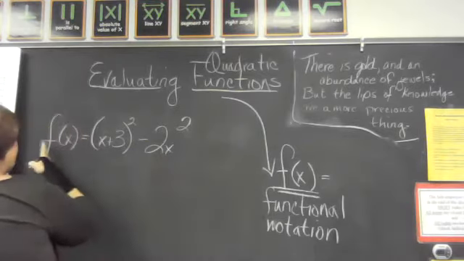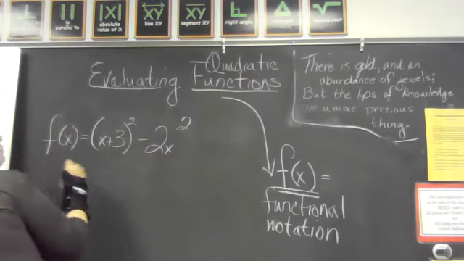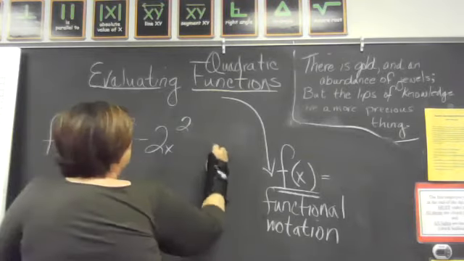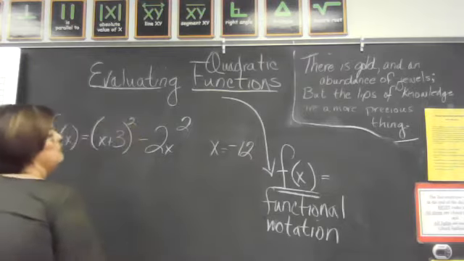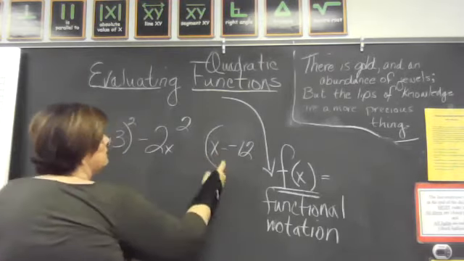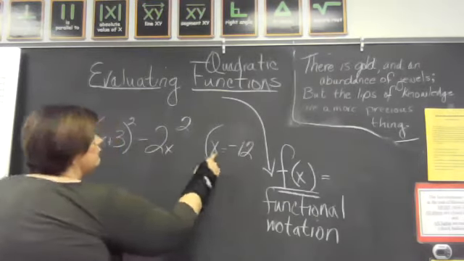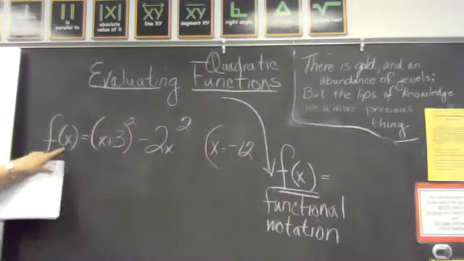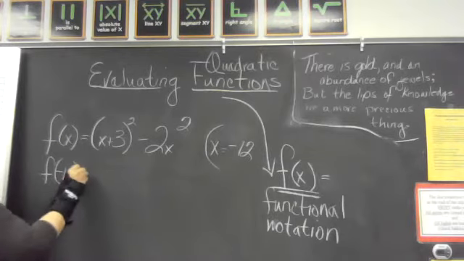They're telling you, I want you to evaluate this function for x equals negative 12. They have the semicolon here, but they don't separate it very well. So understand that this isn't part of the function. This is telling you what to plug in for the x. Right here, we're going to plug in a negative 12 for all the x's.